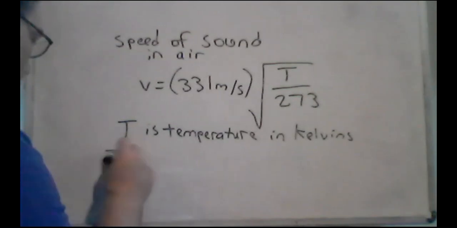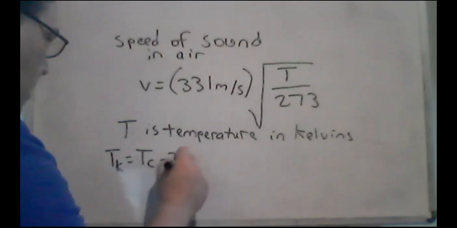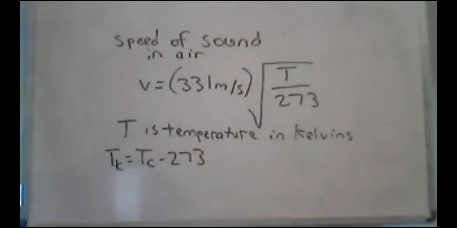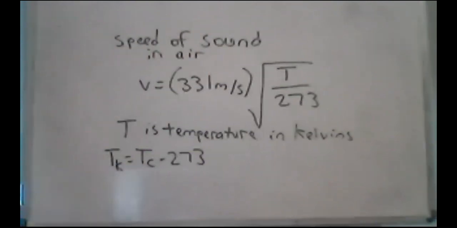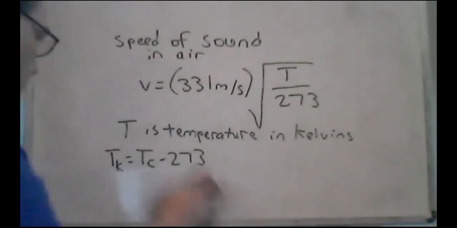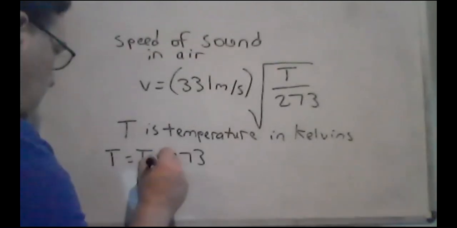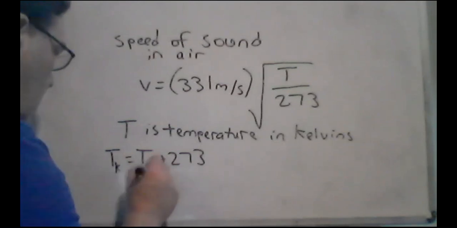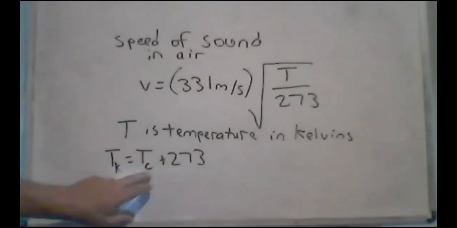The Kelvin temperature would be the Celsius temperature plus 273. I'm sorry, I said minus, that's backwards. So it'd be plus 273. Basically, 0 Kelvin is the same as negative 273 degrees Celsius.